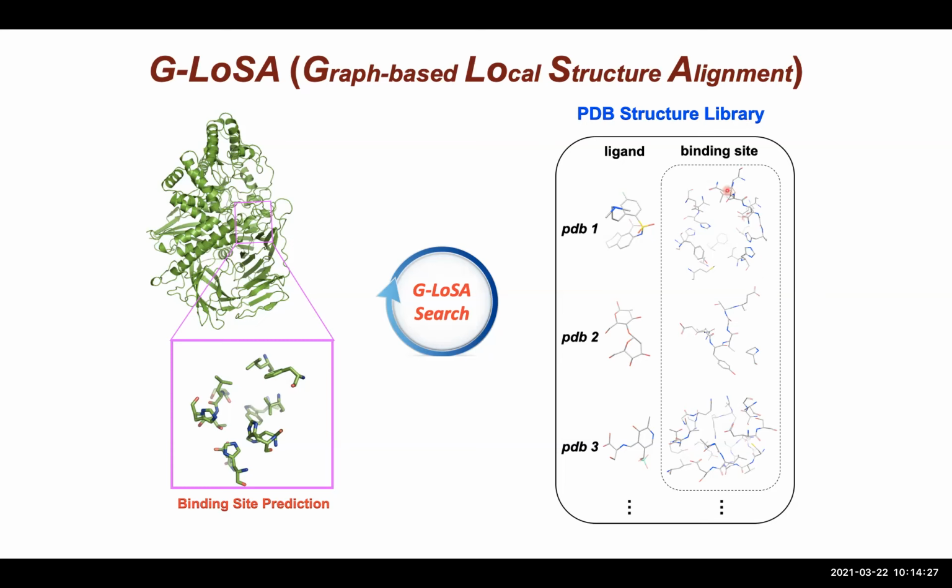GeoLoSA search aligns these binding site structures onto a whole protein structure until you get a maximum GA score. So the site that it aligns best would be selected along with its GA score. And the top 10 binding site templates that are aligned to a query protein are used to predict a binding site on a query protein.